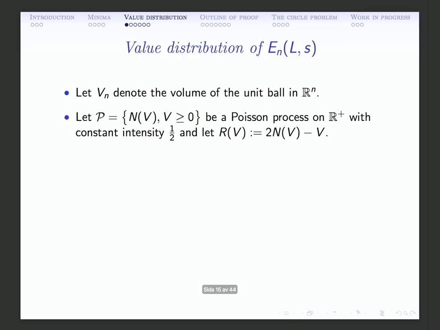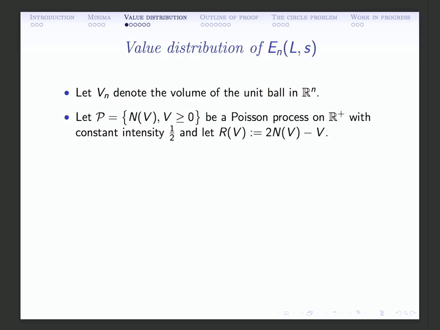And a result of mine going back a few years gives a next step in this direction. So in order to state it, I just want to tell you something about notation. I'll write Vn for the volume of the unit ball in n dimensions. And I'll let script P be a Poisson process on the positive real line with constant intensity 1/2.